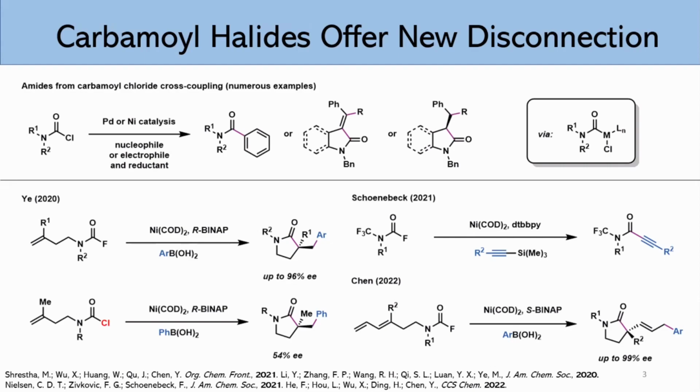You can definitely displace them with a strong nucleophile. The Schoenebeck group has a paper from two years before this in Nature, where they make a bunch of CF3 carbamoyl fluorides, which are more electron deficient than the typical carbamoyl fluorides, and do nucleophilic displacement with Grignard reagents, amines, alcohols, thiols.